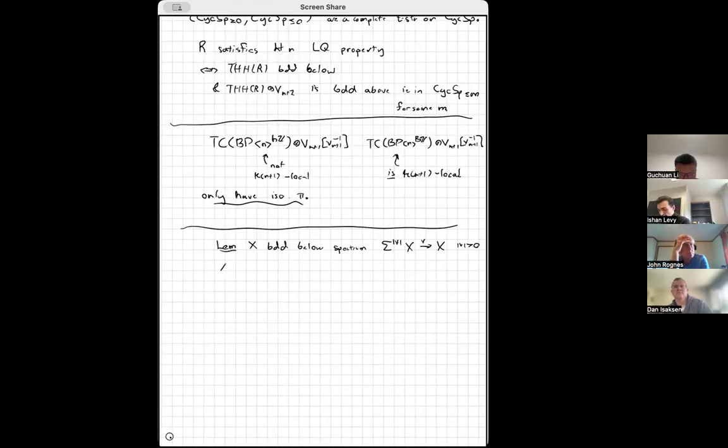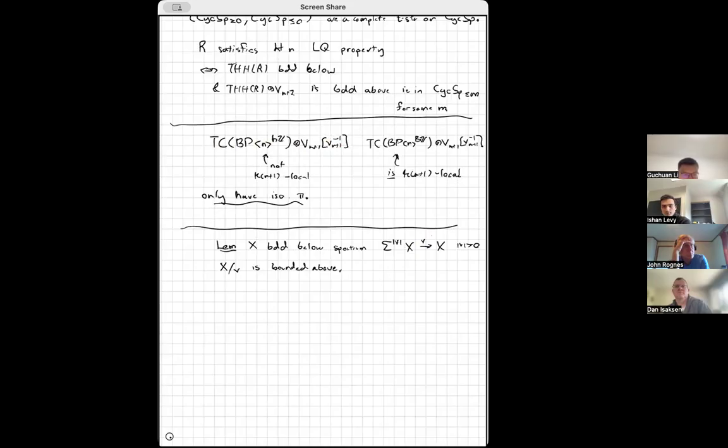And let's say that X mod v is bounded above. The kind of thing you should imagine is that X is something like TC of BP<n> fixed points by Z tensored with V_{n+1}, and that this map v is like some power of v_{n+1}.